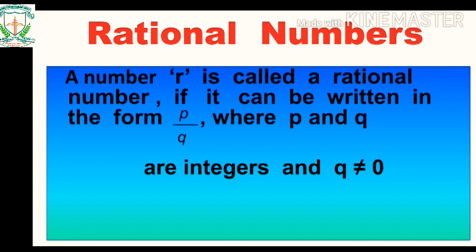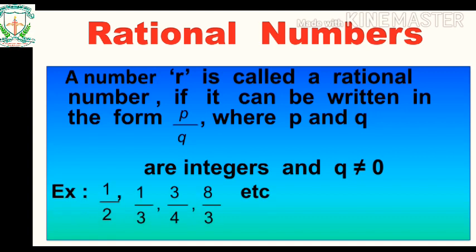We will take examples of rational numbers: 1 by 2, 1 by 3, 3 by 4, 8 by 3, etc. These are examples of rational numbers. One more thing we must observe, Q must not be equal to 0. Take one example, 3 divided by 0.